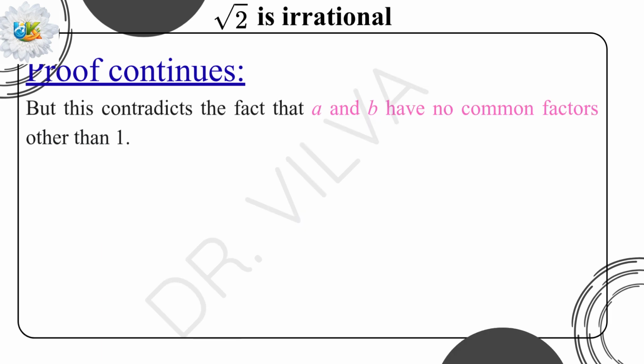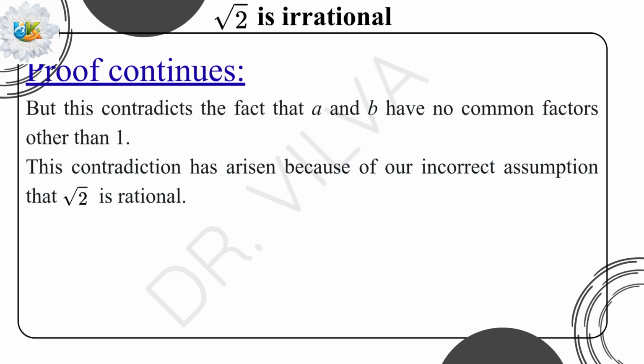This contradicts our very first step where we reduced the fraction to its simplest form and stated that a and b are co-prime. Because we hit this contradiction, our original assumption must be wrong.